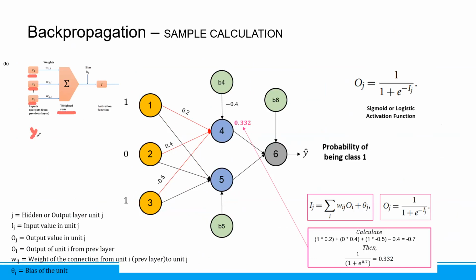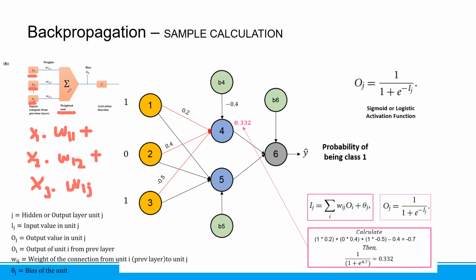We have x1 multiplied by the weight 1, plus x2 multiplied by the weight 2, plus, for example, xj multiplied by the weight j, and then we do the summation.